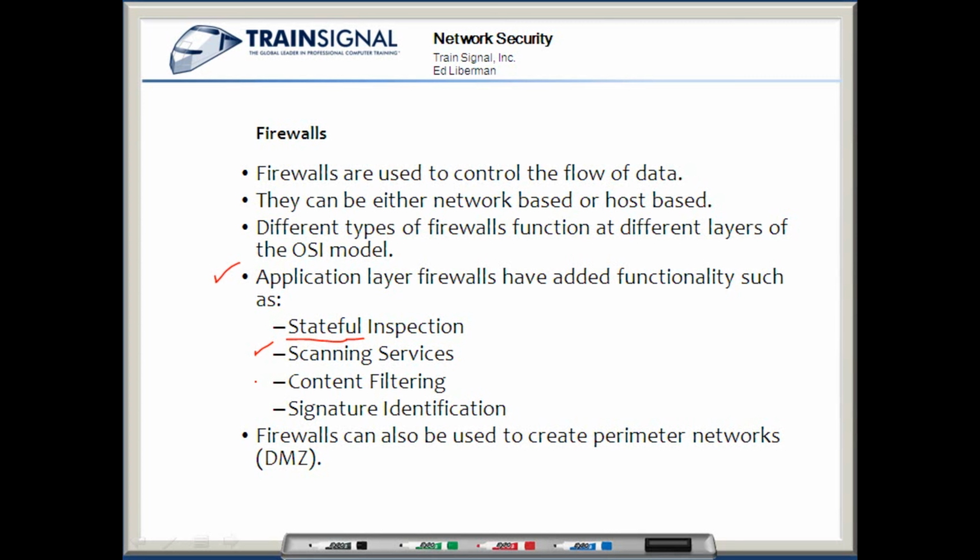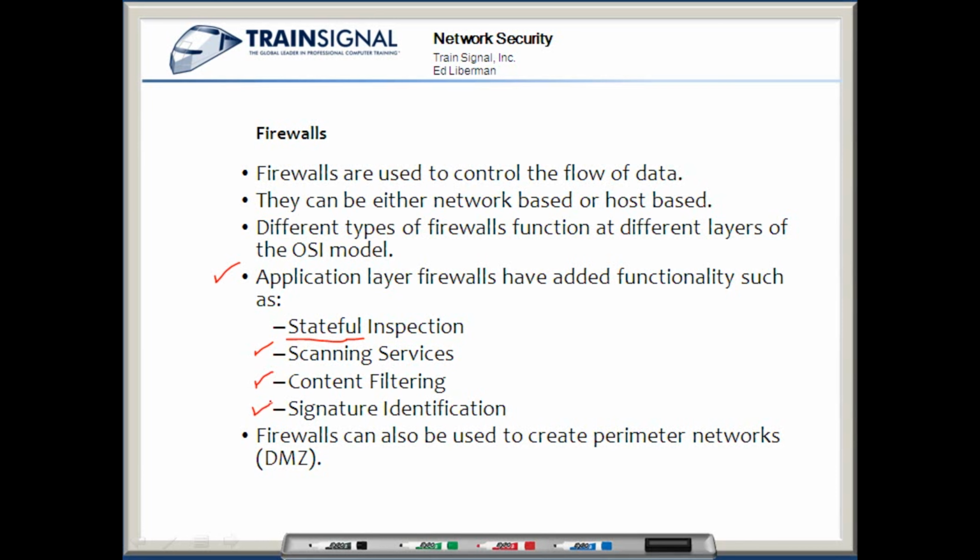Along those same lines, we also have content filtering, where it's not so much scanning for generalized or what could be malicious code, but looking for very specific types of code. In other words, you can configure the firewall to say, here are specific signatures that you will find, which, by the way, leads us right down to signature identification, where you know there's some specific makeup of content, or in the case of signature identification, a very specific program that you know is going to be harmful to your network.